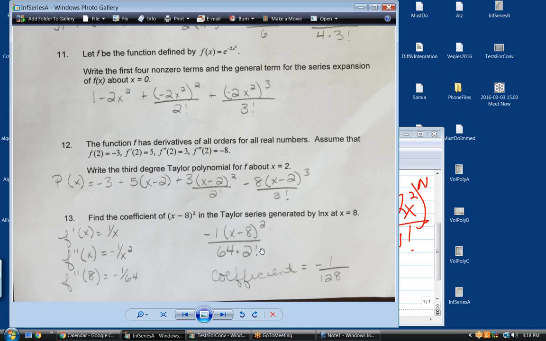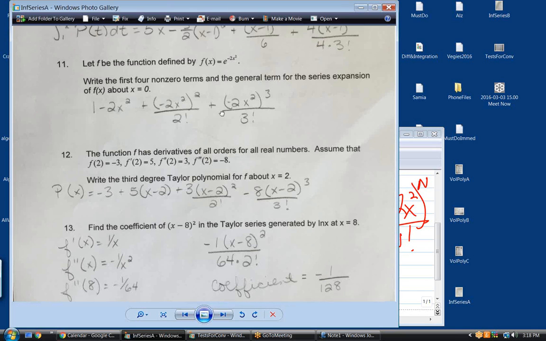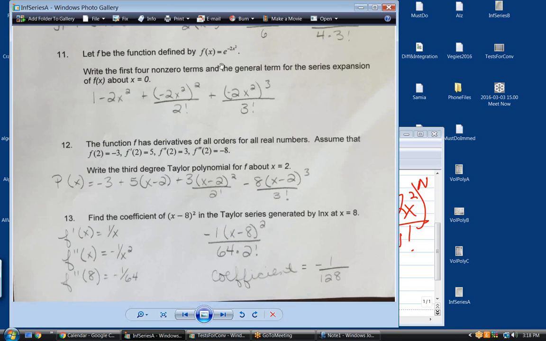Okay, so we know the x minus 8 squared term comes when we've got a 2 factorial under there, right? So that's the third term of the Taylor, it's the third degree Taylor polynomial, and that would be the third term of it.